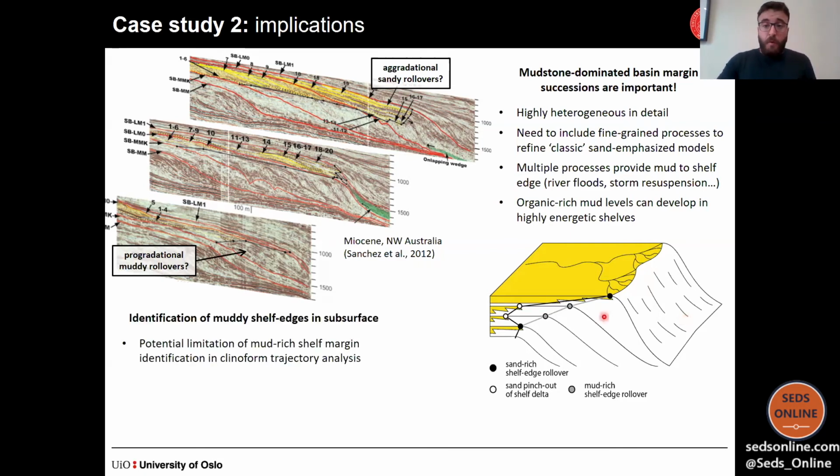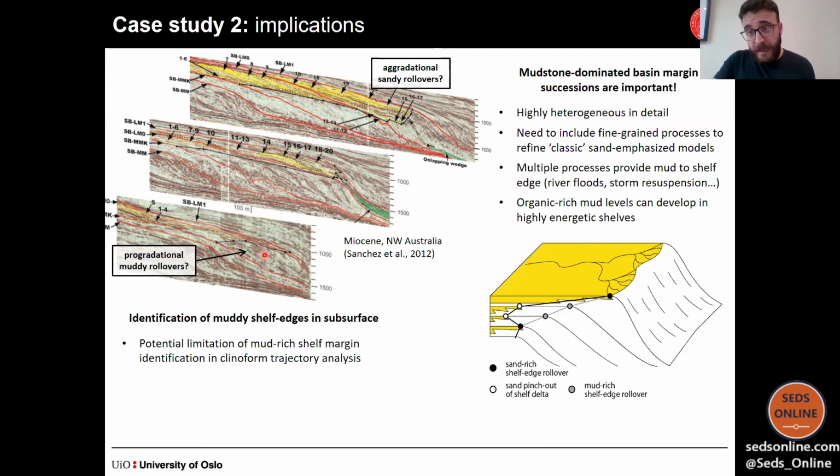Now, what is the importance of identifying these mud-dominated shelf edges in subsurface? So here you see a subsurface example from Northwest Australia, where we can see how across strike of the same margin, we have sandy rollovers that are highly aggradational and muddy rollovers that are highly progradational.